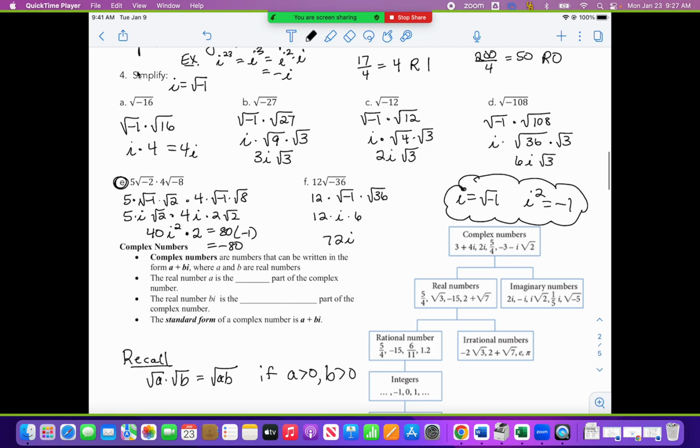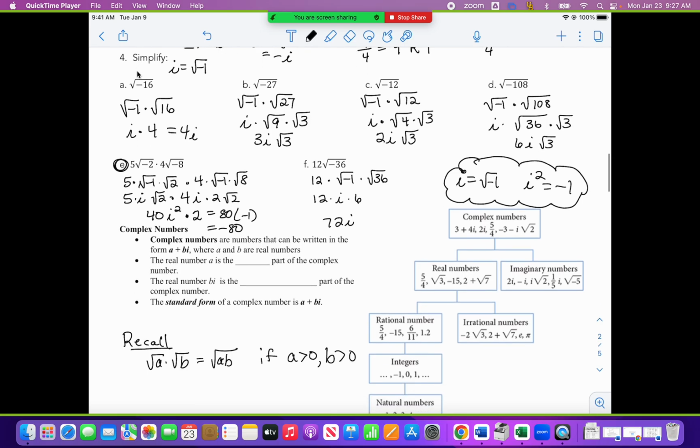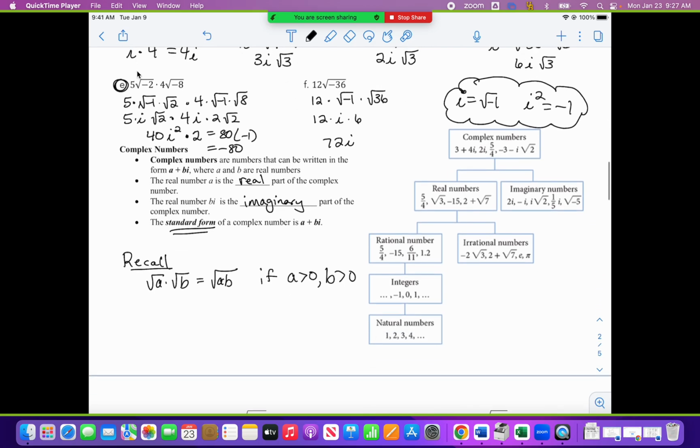So complex numbers are numbers that can be written in the form a plus bi, where a and b are real numbers. A is called the real part, bi is called the imaginary part. Standard form of a complex number is a plus bi.